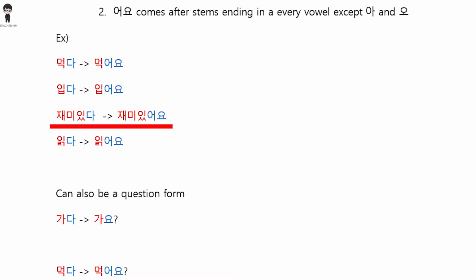So we basically replace all the 다's with 어요 or 아요. And then 읽다 becomes 읽어요. It can also be in a question format. For example, 가다 is to go, right? If you want to ask a question, you can convert it to 가요, which uses 아요 because the stem ends in the vowel ㅏ.